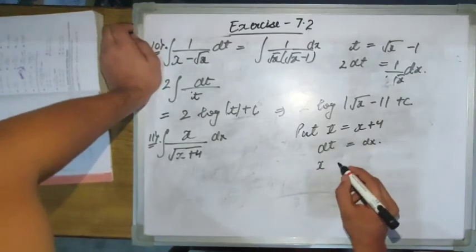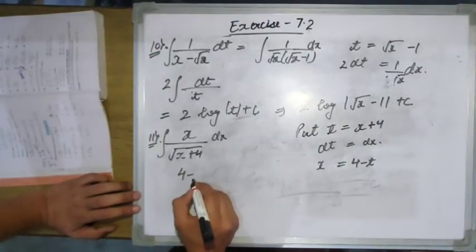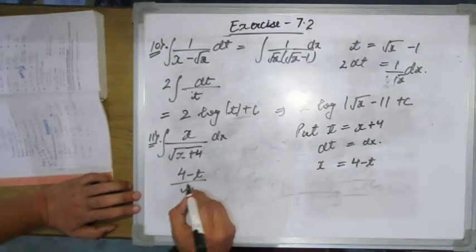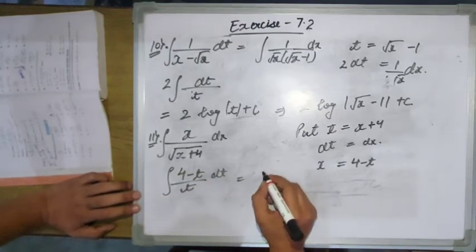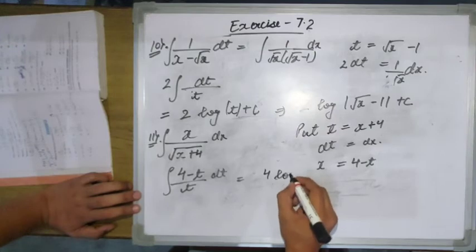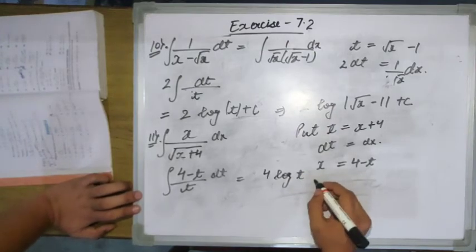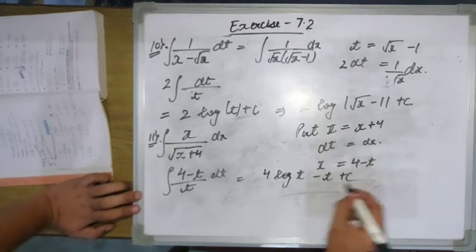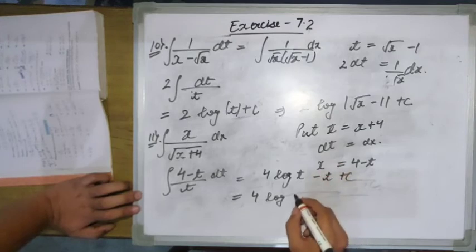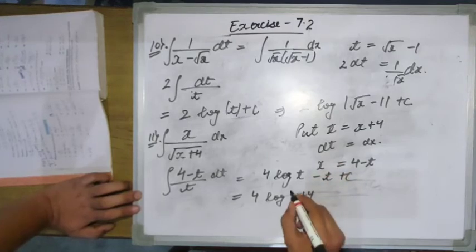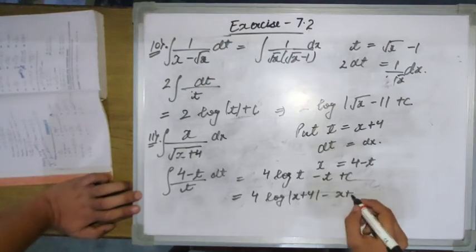Now we need to find out the value of x, which is t minus 4. Then we have t minus 4 upon t dt. Here we have 4 log t minus t plus c. The value of t was x plus 4.